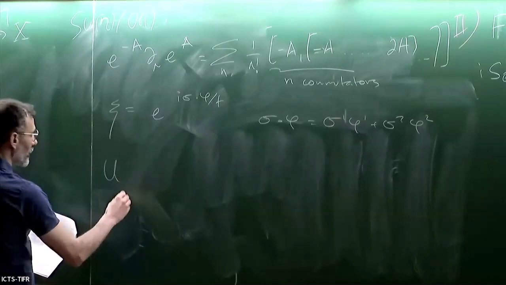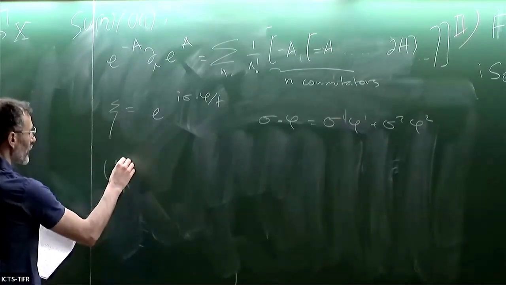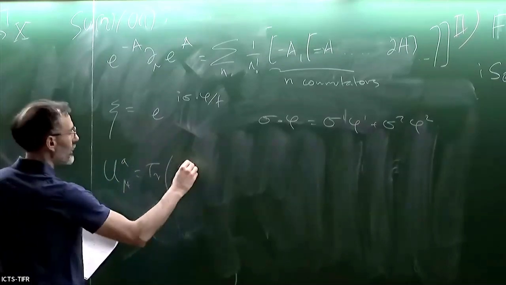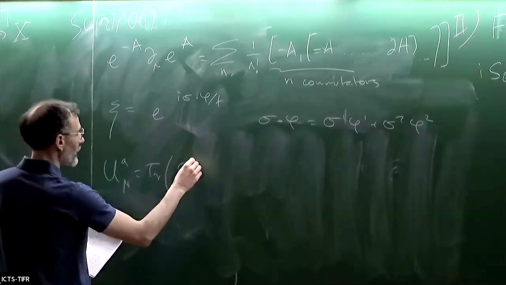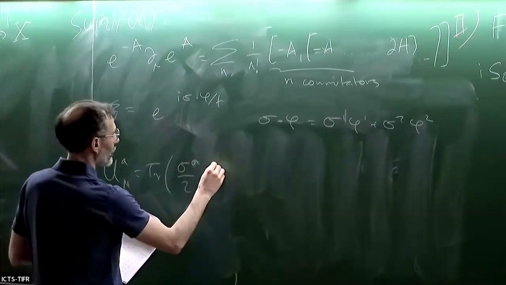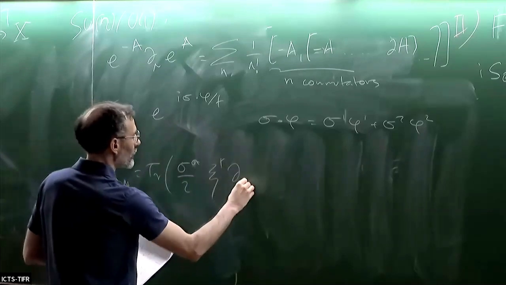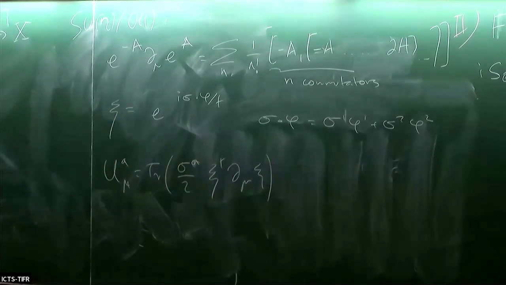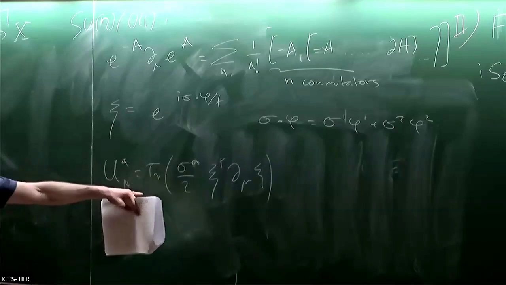So another exercise for you is to reproduce that U mu A defined as the trace of sigma A halves of, well, psi has an expansion in terms of Goldstones. In fact, you could derive the full relation.